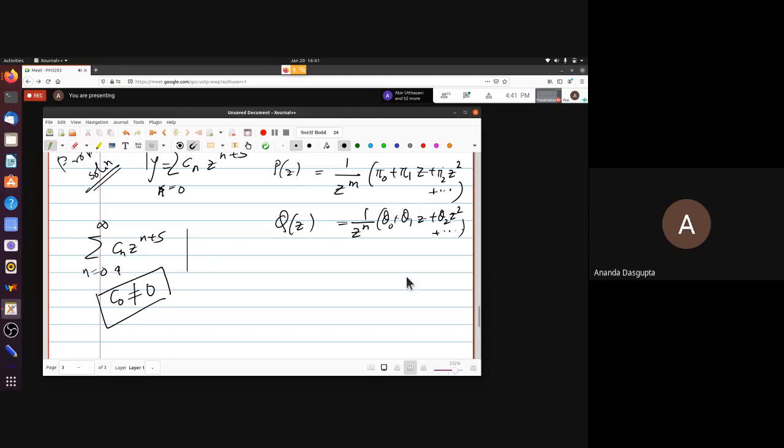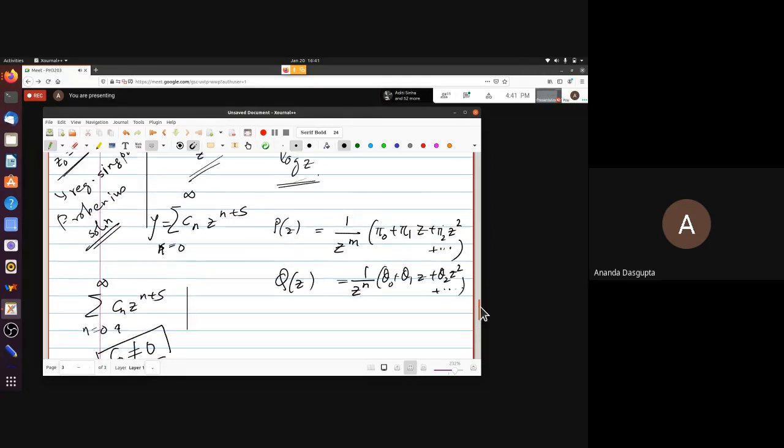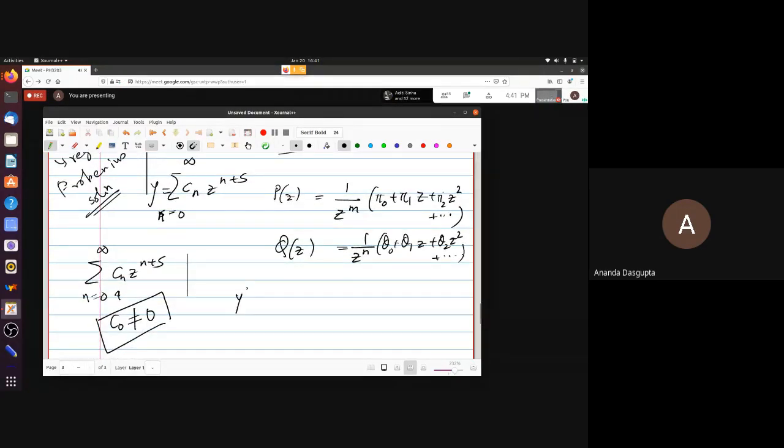The important point is when you plug this into the equation y double prime plus p y prime plus q y equals 0, where will the overall lowest power come from? y has a term c0 z to the s plus c1 z to the s plus 1 plus c2 z to the s plus 2 and so on, plus higher order terms.